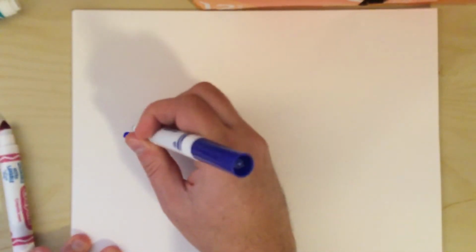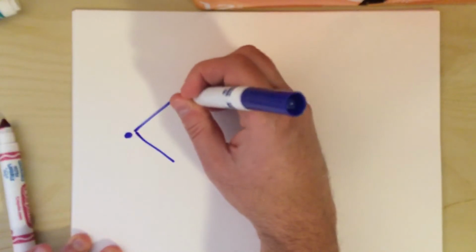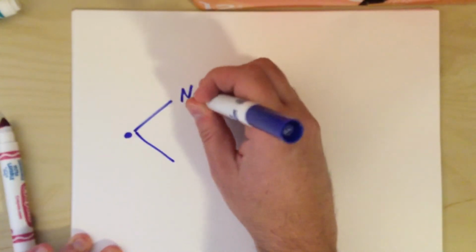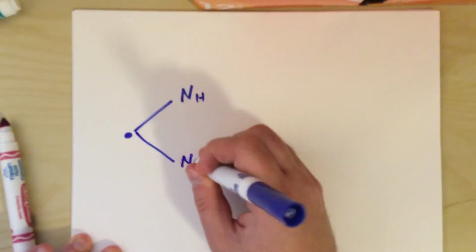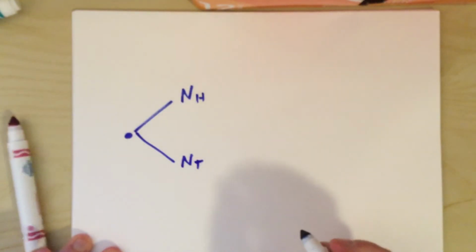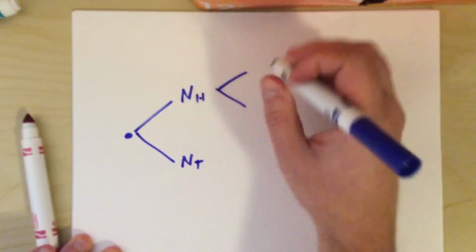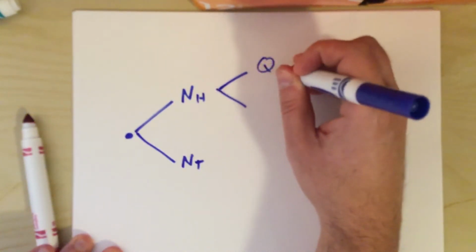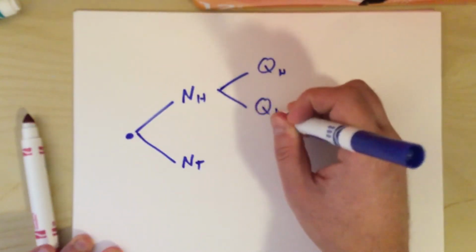What we have is, the real tree diagram is, first, we're going to flip the nickel, and the nickel could be on heads or on tails. And then we're going to flip the quarter, and the quarter could land on heads or on tails.